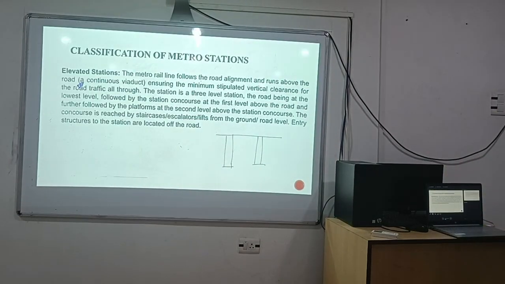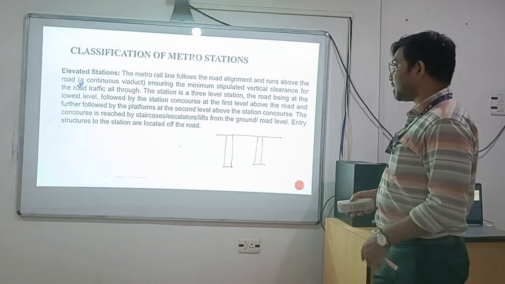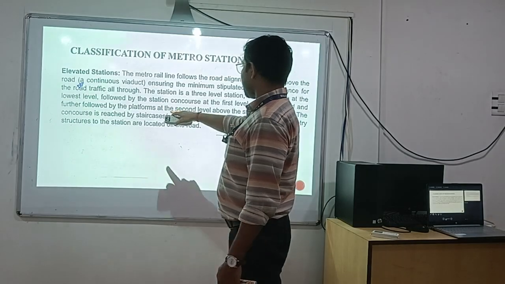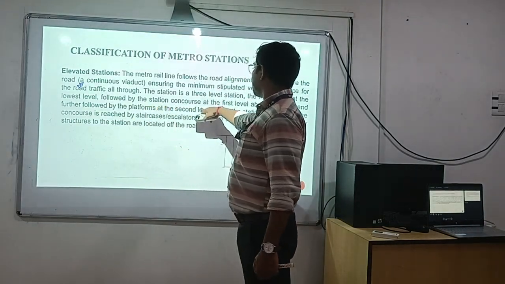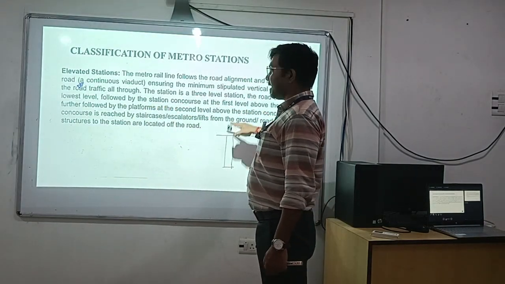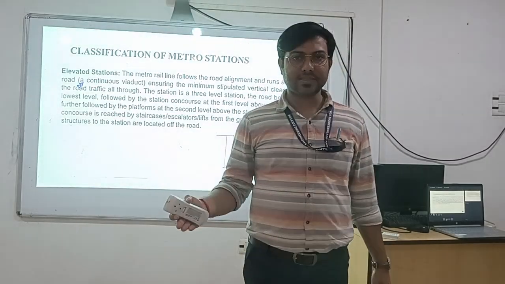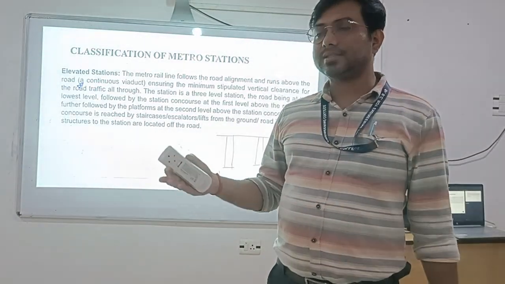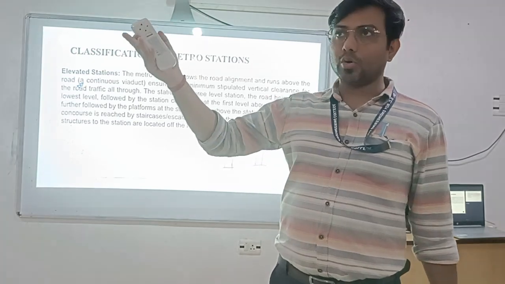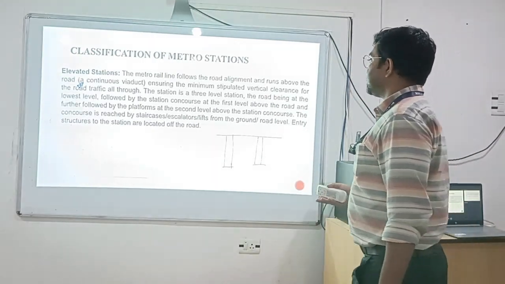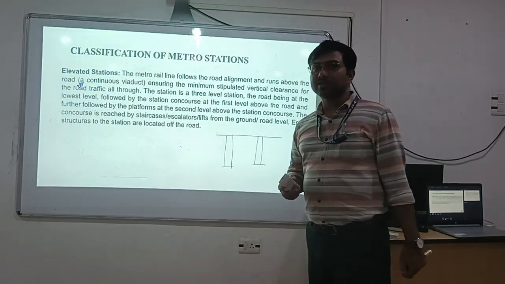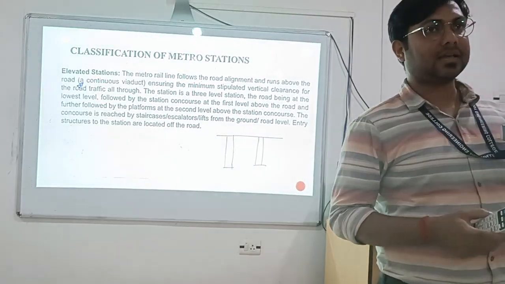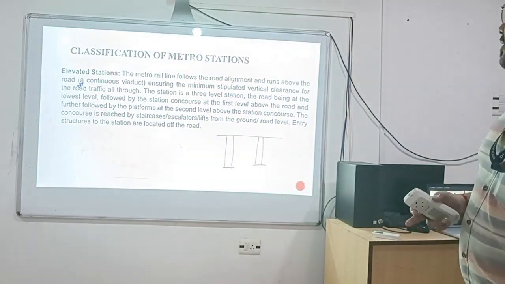So after entering into the station through the entry level at the ground surface, it is followed by the station concourse at the first level. That means after entering through the ground level, you can go to the next level, that is the station concourse, and through this station concourse the passengers go to the platform level.